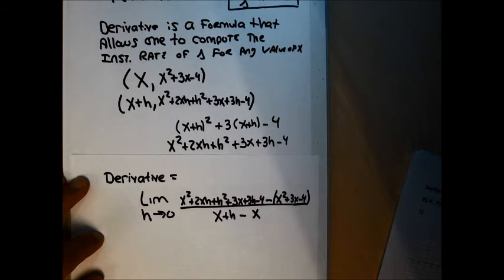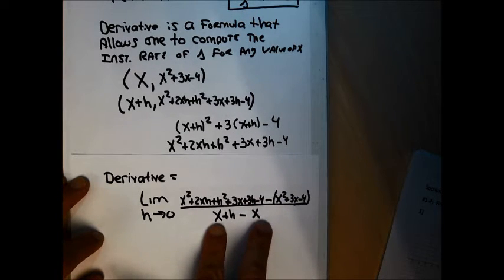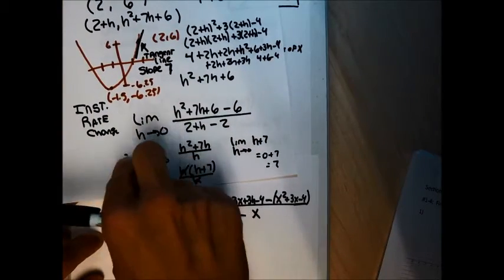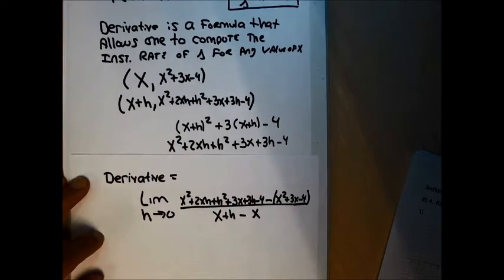It turns out that the denominator always comes out to just h, and sometimes we just don't even do it. We just write an h in the denominator, because in every single instantaneous rate of change problem, the denominator just comes out to h. Keep going with this.